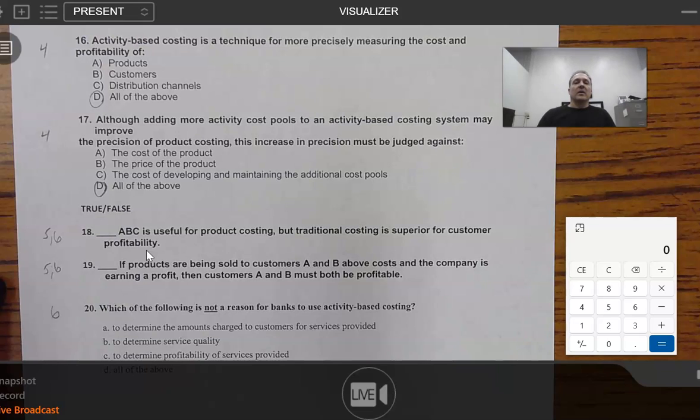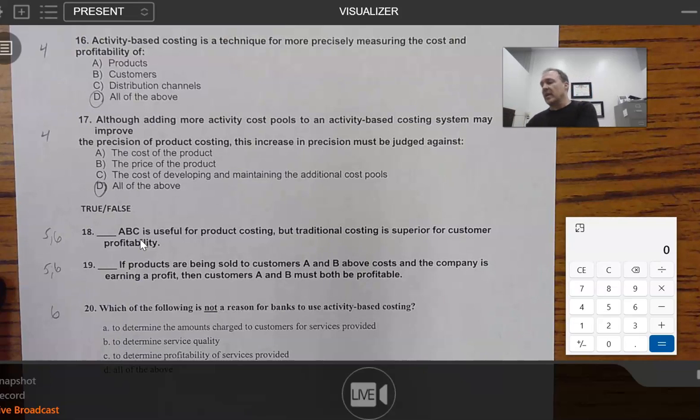So it says, is this a true statement or a false statement? Is activity-based costing useful for product costing? Yes, it is. But traditional costing is superior for customer profitability, or a better way to word that, for determining customer profitability. Whether we're talking about customer profitability, product profitability, or division profitability, it doesn't really matter here.